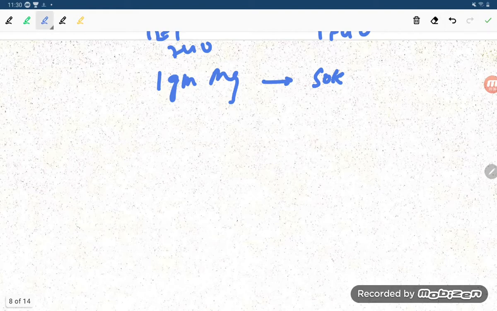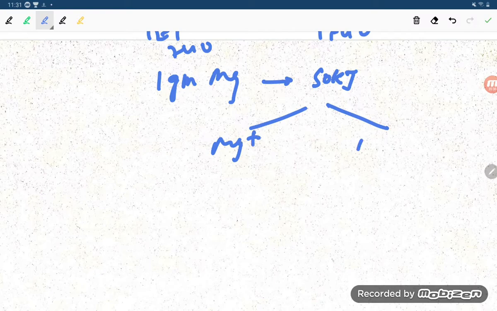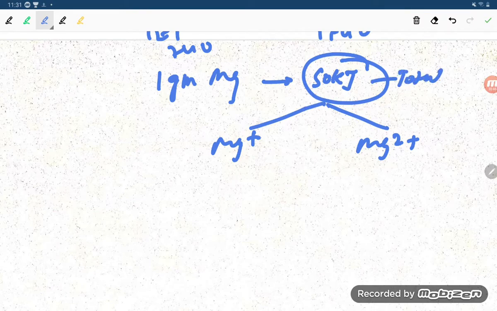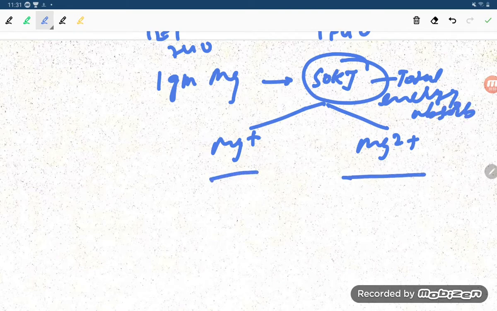Now in 1 gram there are two things, student: Mg plus and Mg2 plus. This 50 kilojoule is the total energy absorbed, and it is converting into Mg plus and Mg2 plus.